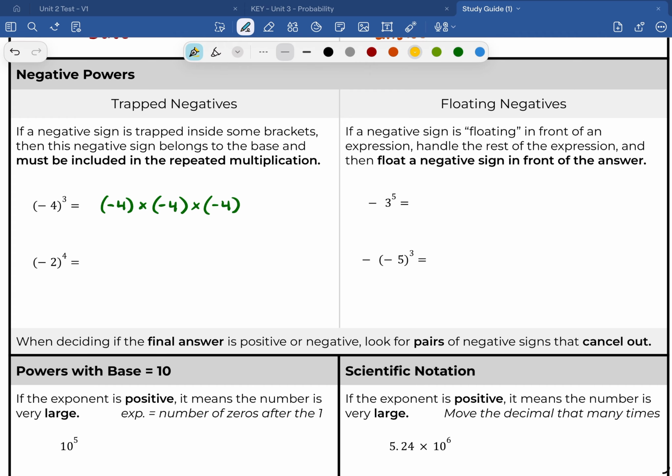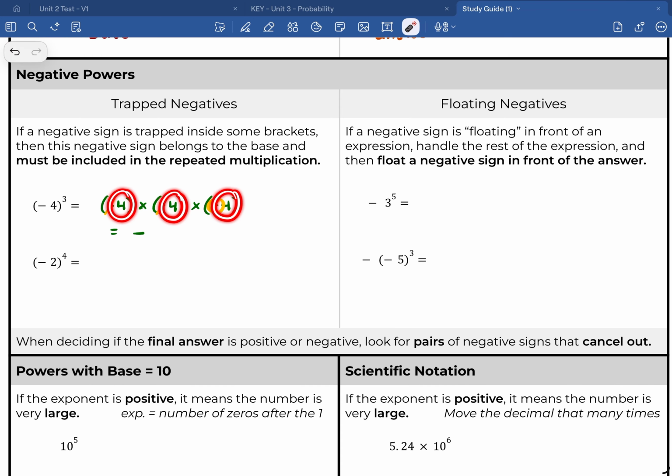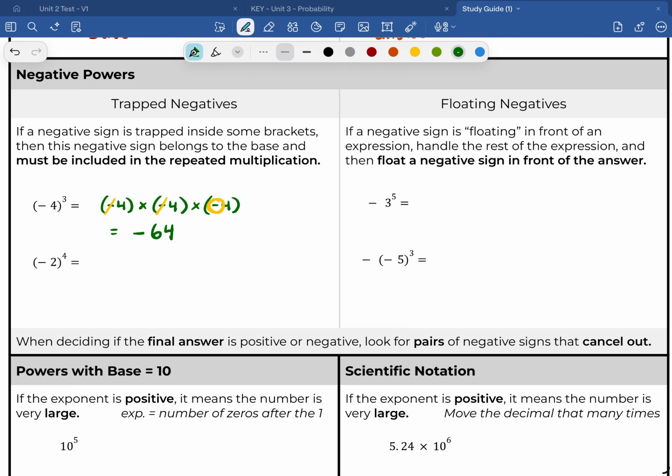And then we can look at pairs of negative signs that can cancel out. So we can take the first negative and cancel it with the second one, because 2 negatives, when we multiply them together, make a positive, which means that we are left with 1 negative sign overall. So that means that our answer, our standard form, will be negative. And then we just have to ask ourselves what actually is 4 times 4 times 4. Yeah, 64. There we go.